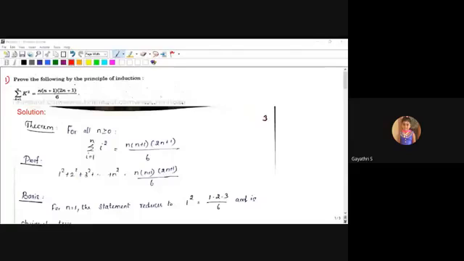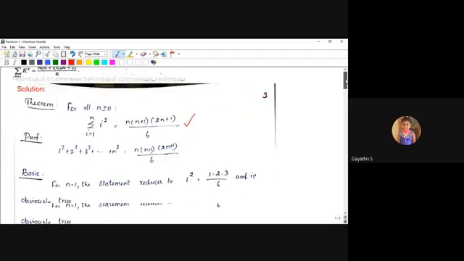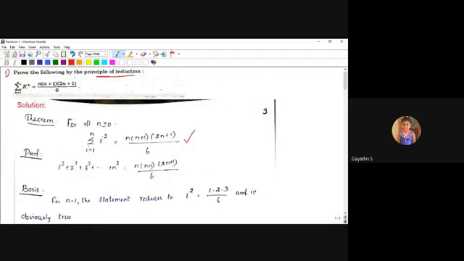See, this is the solution part. This is the given problem statement: the sum is n(n+1)(2n+1)/6. Prove this by the principle of induction. Here I will take k in the given sum, starting from k equal to 1.